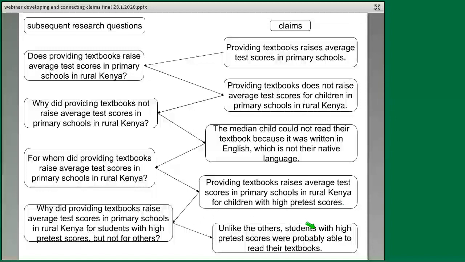Here one could say there are subsequent research questions, but they are also decisions. So this was the main research question at the beginning, but here a decision was made to try to find an explanation and ask a research question: why did providing textbooks not work? Here a decision was made to look at subgroups, and again here a decision was made to look for an explanation. I think the quality of a mixed method research study is very much related to how these questions are made during the study.